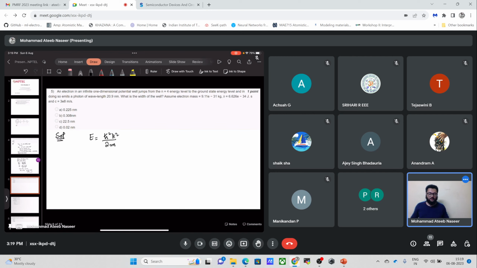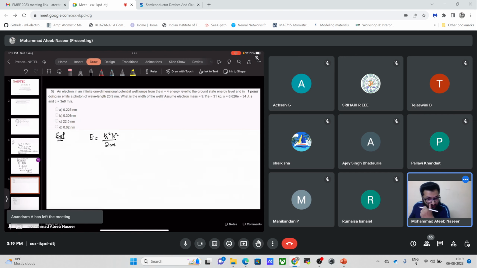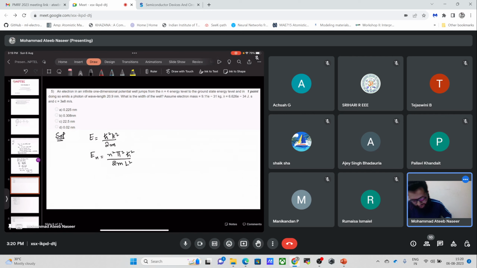This was the energy that we had obtained for this case, and we had obtained some condition on the values of k when we were dealing with this infinite potential well. This is the general thing, and for any n, this energy value will simply be n square pi square h bar square by 2m L square.